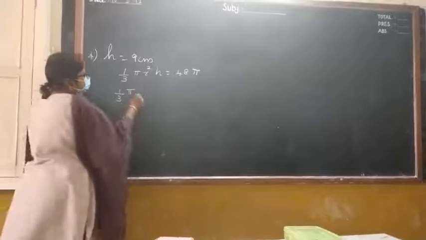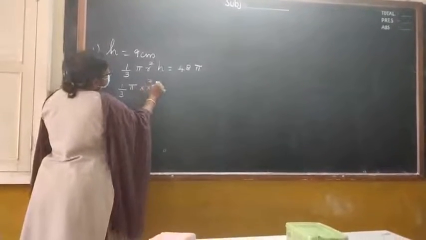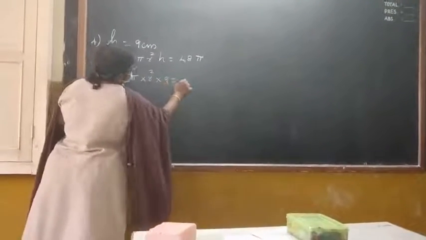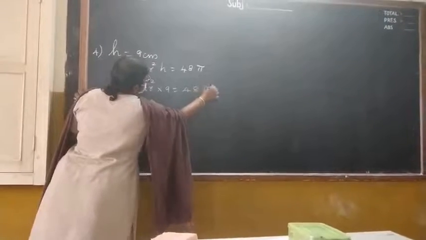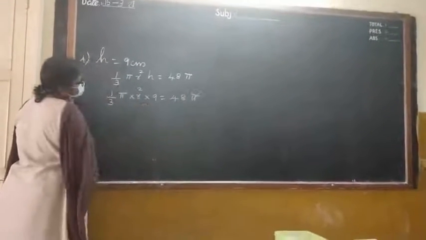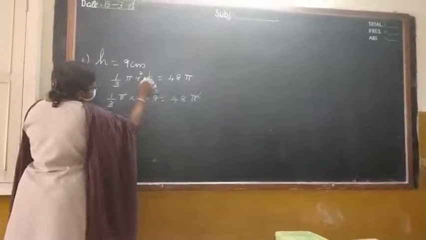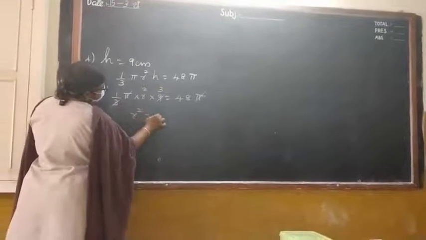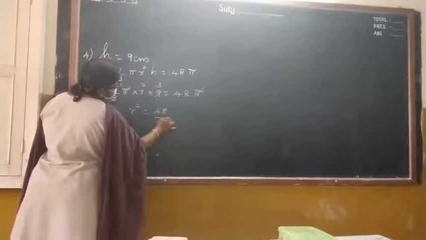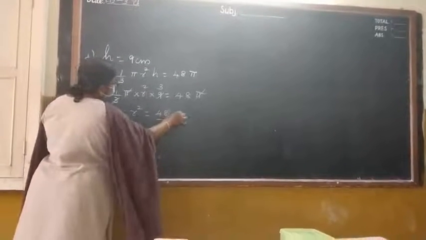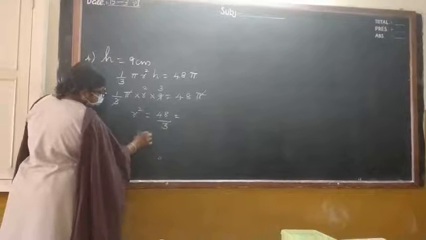So 1 by 3 pi value, pi itself you will keep. You can cancel that one. R square into 9, that is equal to 48 pi. So both sides pi you can cancel. So R square, here also you can cancel that 3. R square will be equal to 48 by 3. What is 48 by 3? 16.